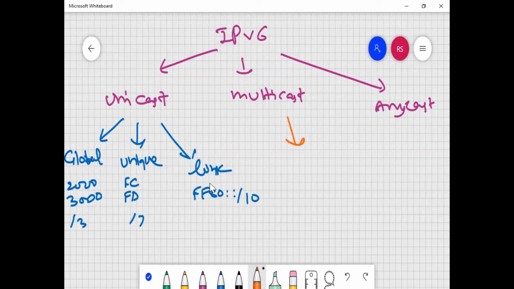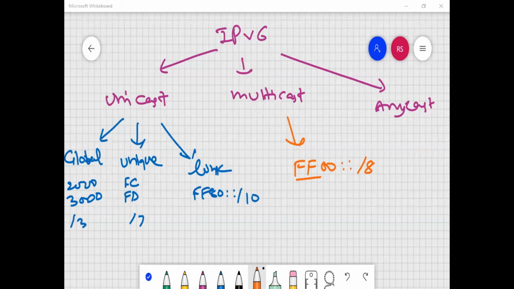Then let us go to the multicast. Multicast is something which is starting with FF00::/8. So if the first 8 bits are FF, this particular address is known as multicast.